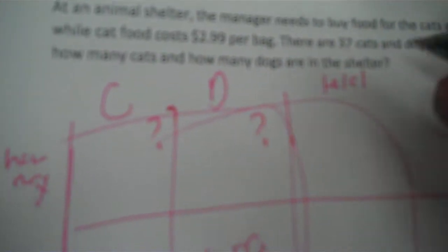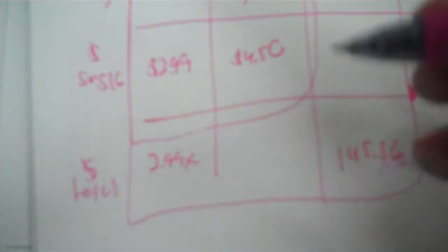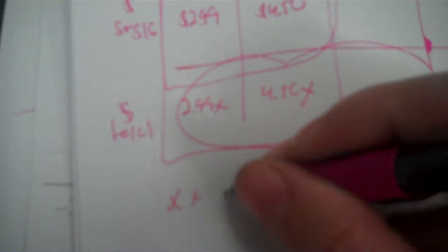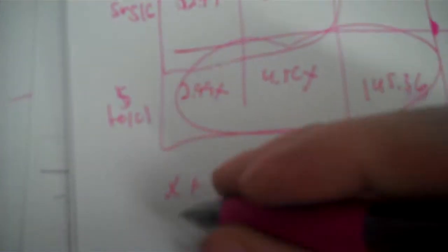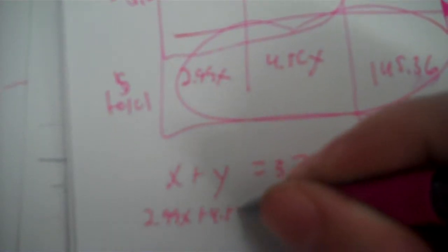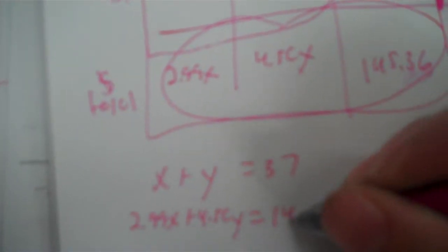Okay, now this 37 belongs in the top row, and it's the total. So that's x and that's y. So it's going to be 299x and 450y. So I've got these two equations here. So I've got x plus y equals 37 and 2.99x plus 4.50y equals 145.36.